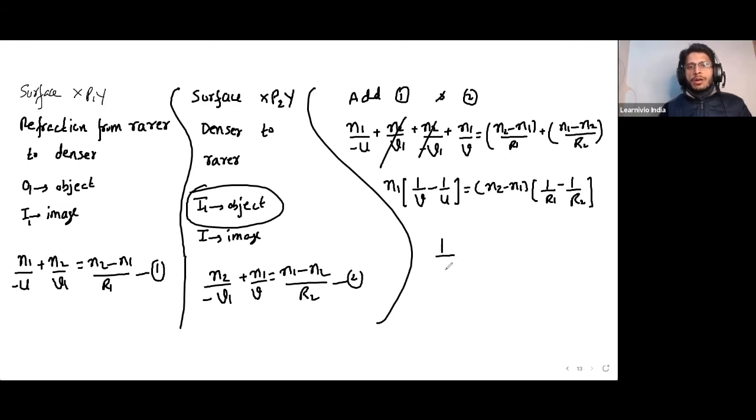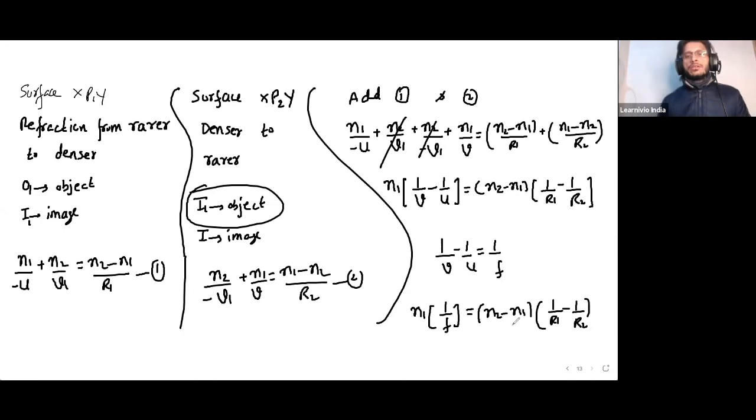If you remember the lens formula, 1 by V minus 1 by U is 1 by F. Instead of 1 by V minus 1 by U, I'm using 1 by F. So this is N1 into 1 by F is equal to N2 minus N1 multiplied by 1 by R1 minus 1 by R2.